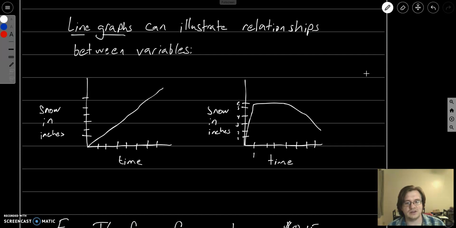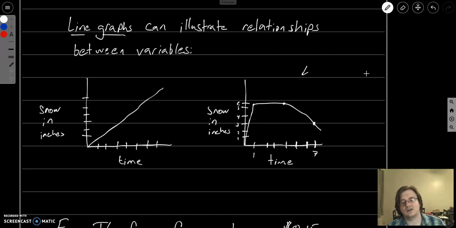So in day 1, according to this graph, there were 6 inches, and four days later, there were still 6 inches of snow, but on the 7th day, there was only about 3 inches of snow left.